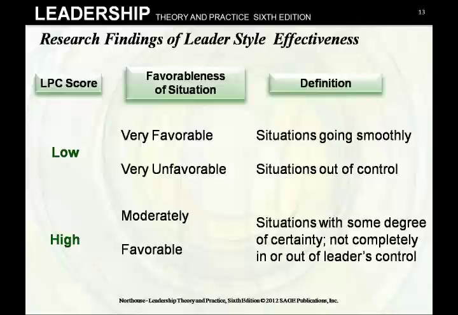People who are relationship motivated, high LPC, are effective in moderately favorable situations. That is, in situations in which there is some degree of certainty, but things are neither completely under their control nor completely out of their control.